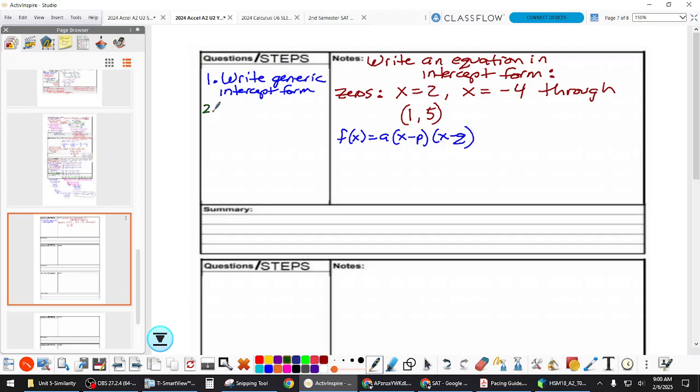Step 2, fill in P, Q, X, and f of x, which is just y. This is very similar to vertex form, isn't it?